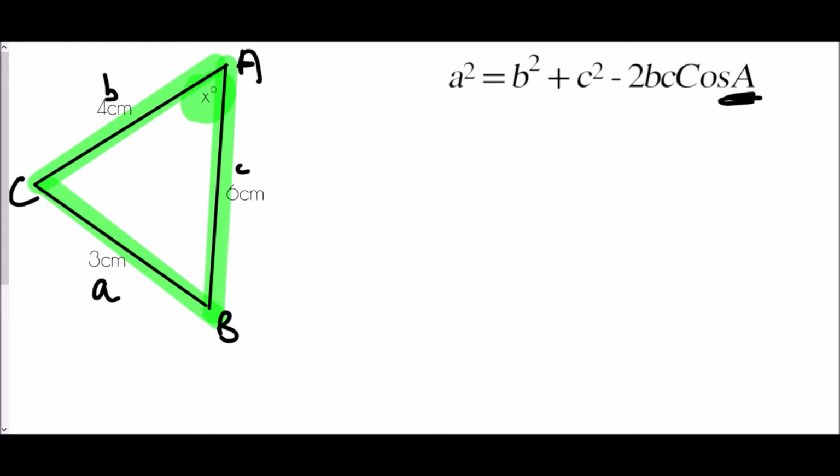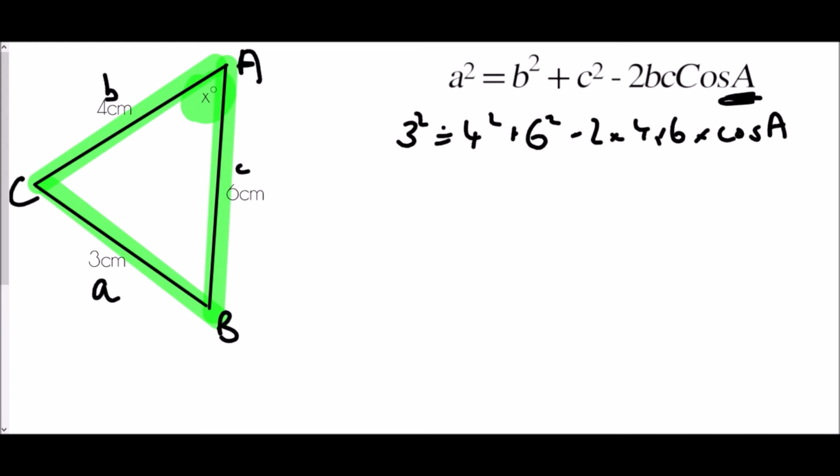And therefore, all we're going to do is fill in all of the values we know. So we know that little a is 3, so we have 3 squared equals b squared, so that's 4 squared, plus 6 squared, take away 2 times 4 times 6 times cos A. We don't know what A is, so we're just going to leave it as that.